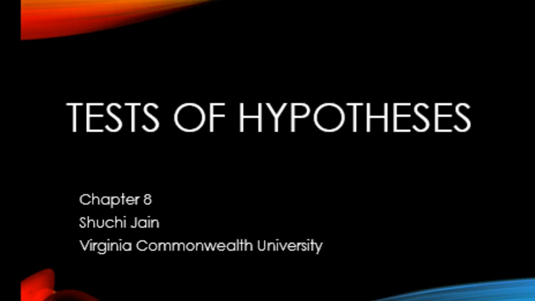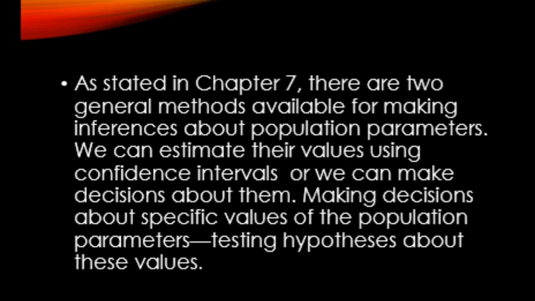In this lecture, we will learn how to conduct a test of hypothesis for a parameter in our population. So as we discussed in chapter 7, there are two methods which we can use to make inferences about a population parameter. The first method is to estimate the value using confidence intervals.